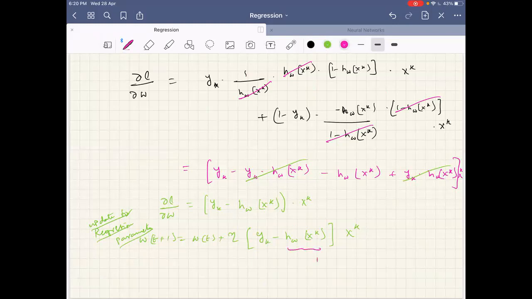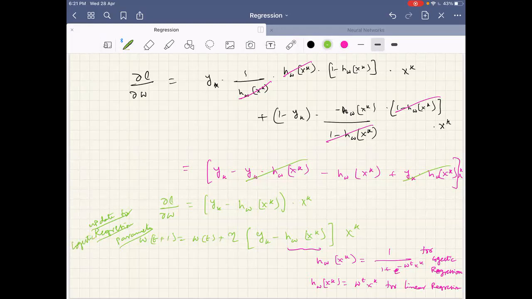Please note that HW of xk is equal to 1 by 1 plus e power minus W transpose xk for logistic regression, whereas this HW of xk is equal to W transpose xk only for linear regression. So whatever we have derived here is logistic regression.